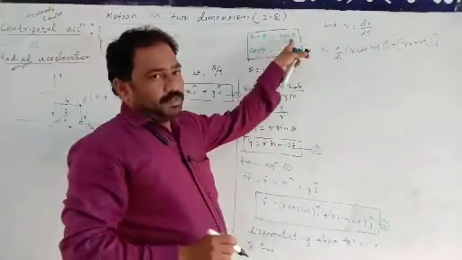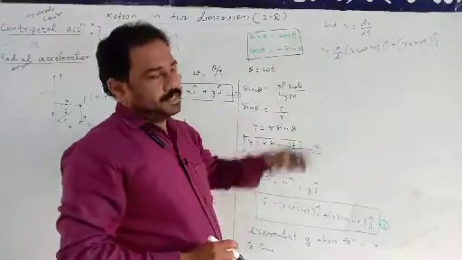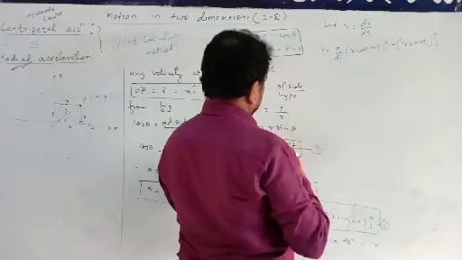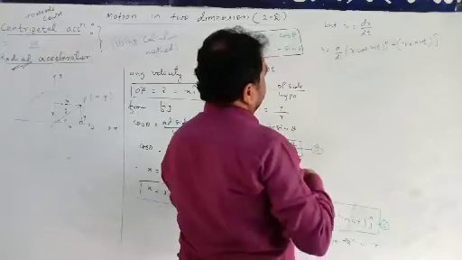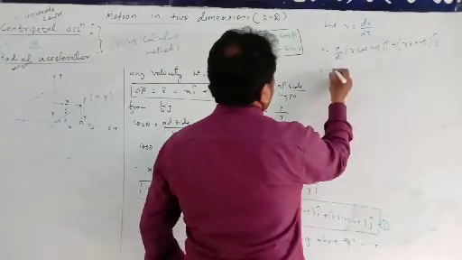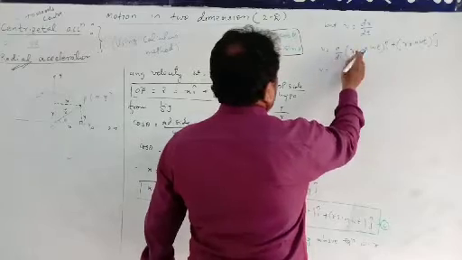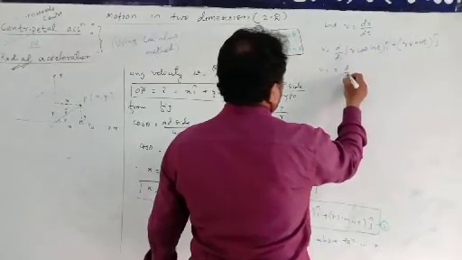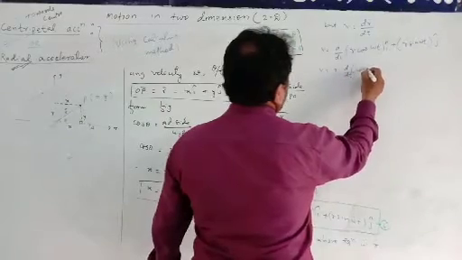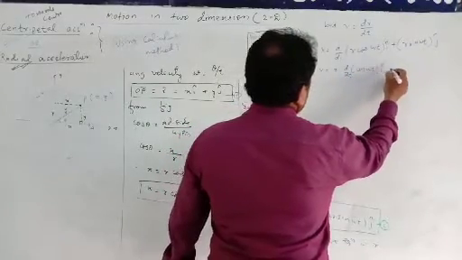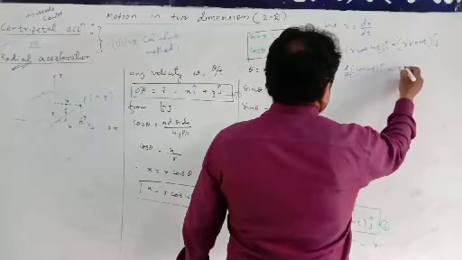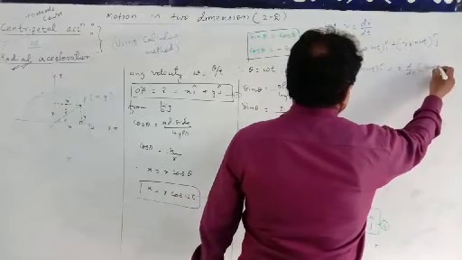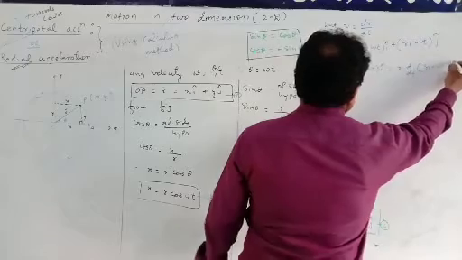The derivative of sin theta is cos theta and the derivative of cos theta is minus sin theta. Now you can put them here, so velocity v is equal to what? So r is the constant, so d by dt of cos omega t into i cap plus r d by dt of sin omega t into j cap.